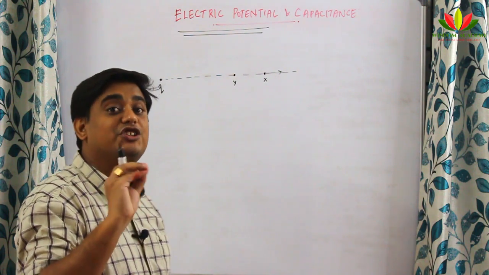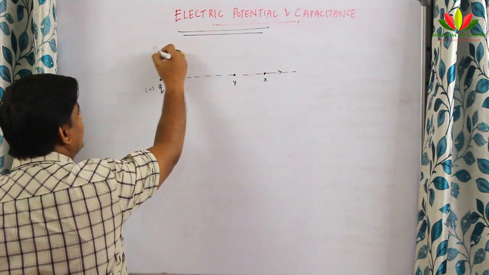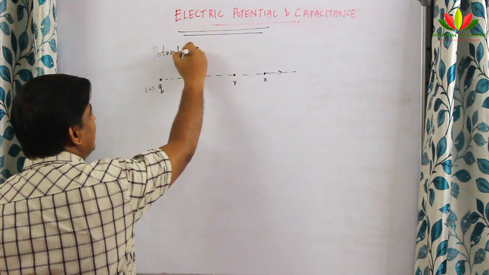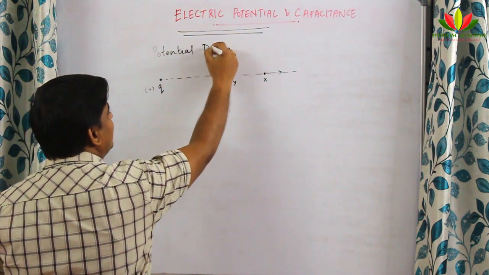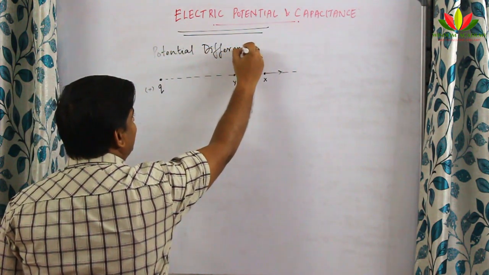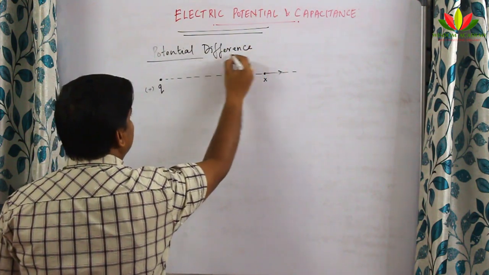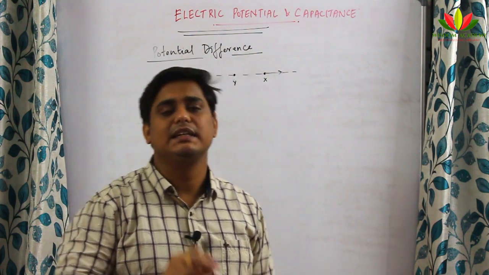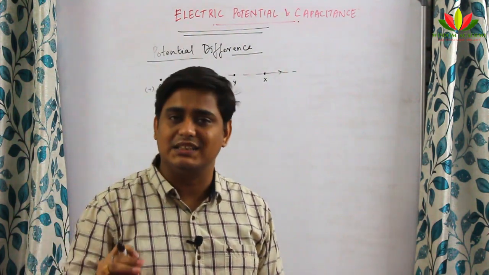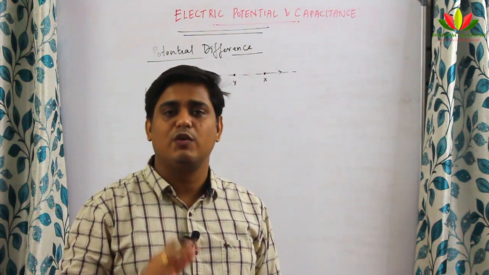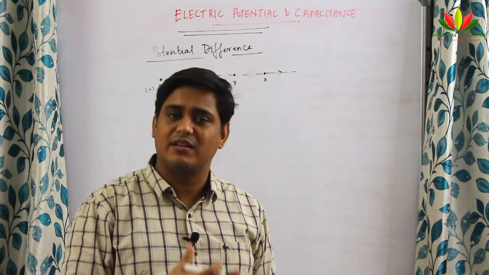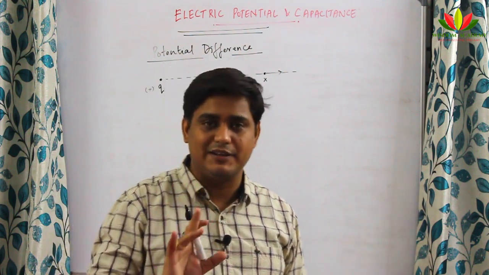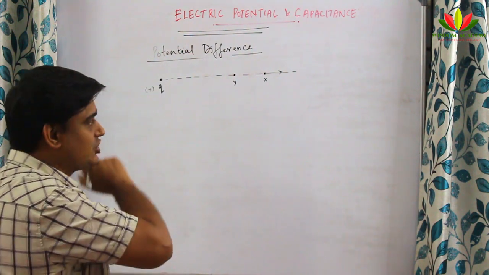I will say it as potential difference. So whatever definition you wrote now, please change that electric potential to potential difference. I will once again tell that potential difference of any 2 points is defined as the amount of work done in moving the charge from one point to another point in an electric field.